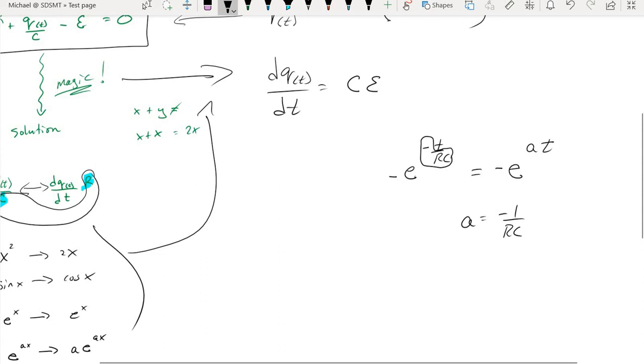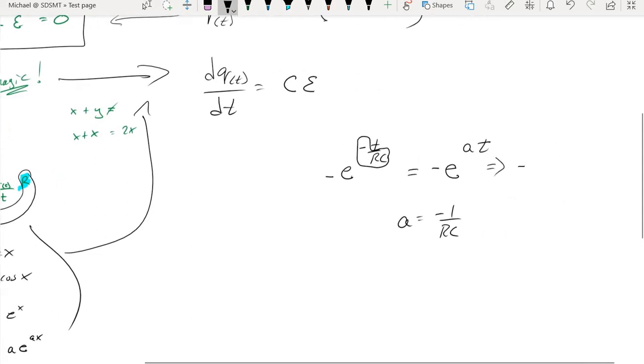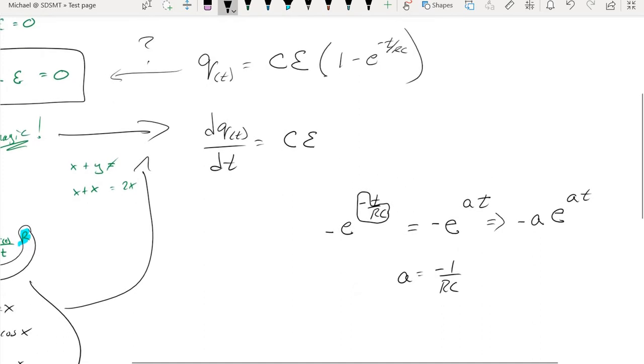and the derivative of this would be, we would have the negative out front, the a drops down, and then we have e to the at. So what we get is negative a.